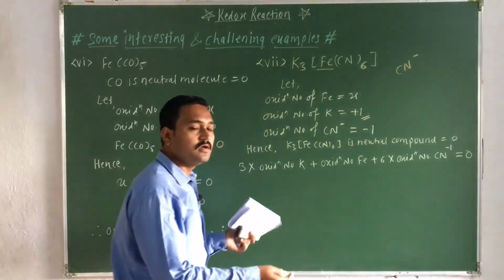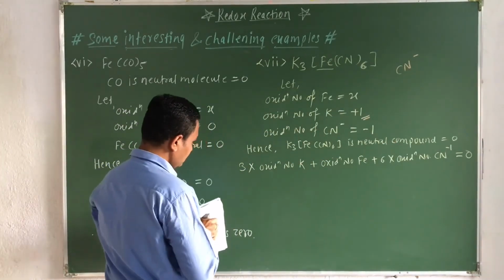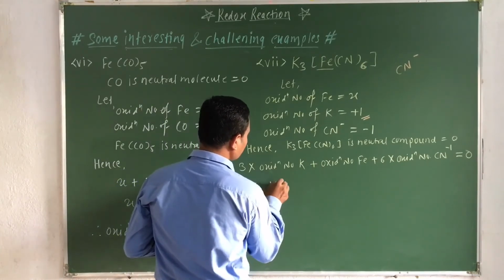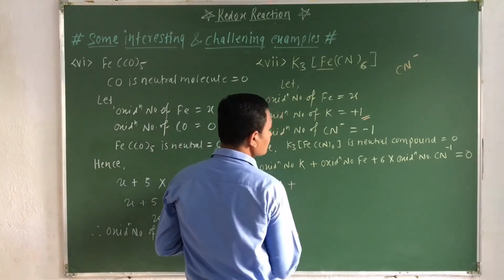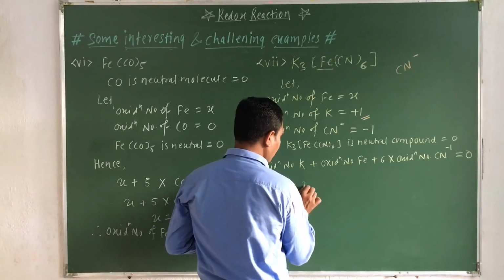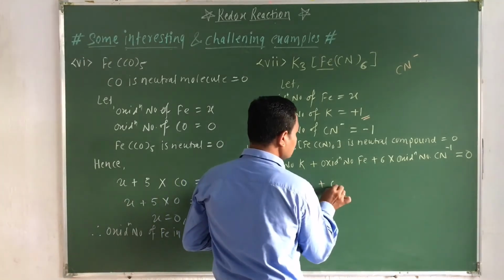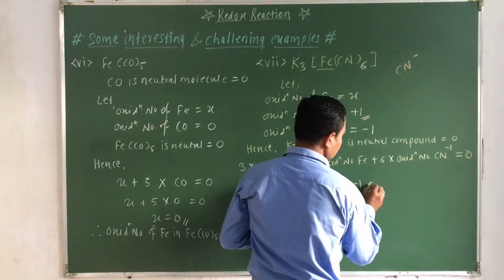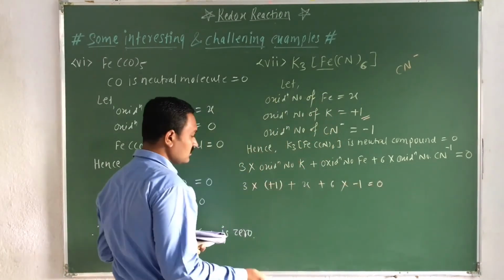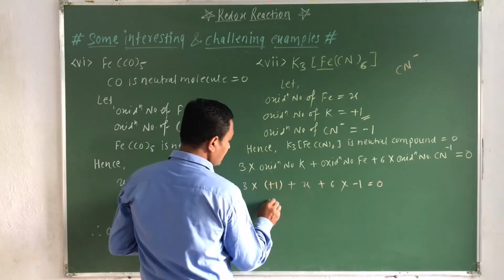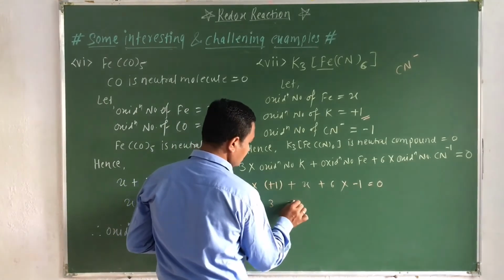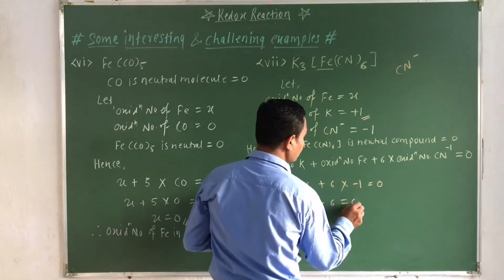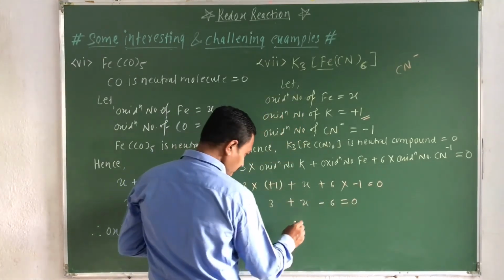0. Now we just put the values here: 3 into the oxidation number of potassium, considered to be plus 1, plus the oxidation number of Fe, which will be x, plus 6 into the oxidation number of the cyanide ion, which is minus 1, equals 0. Therefore 3 plus x minus 6 equals 0.